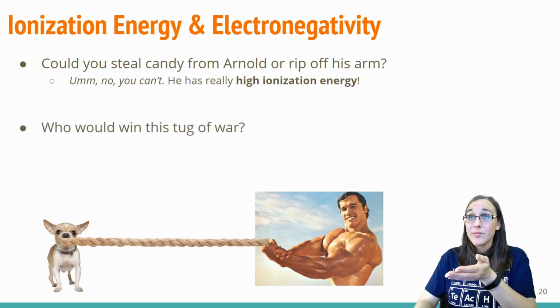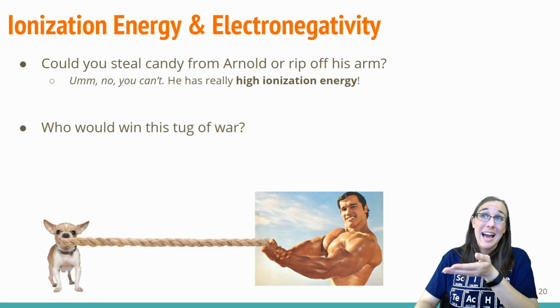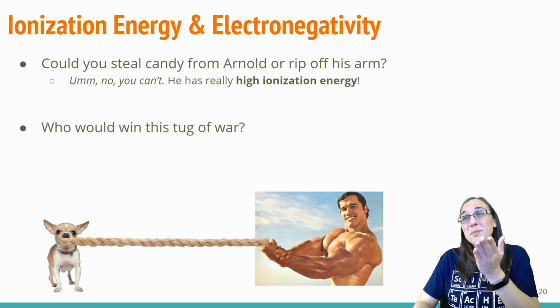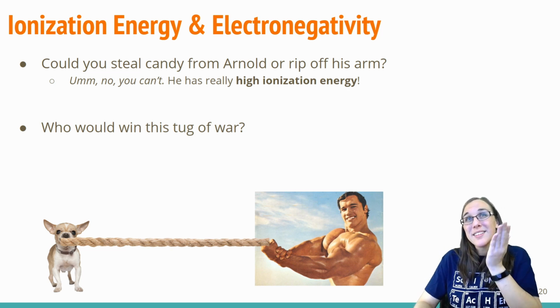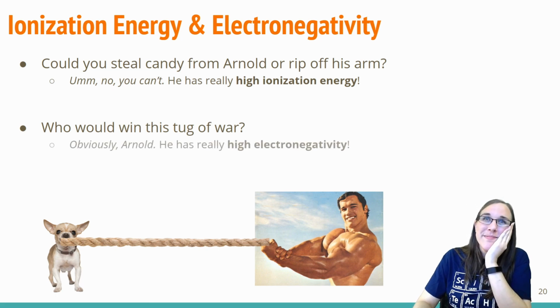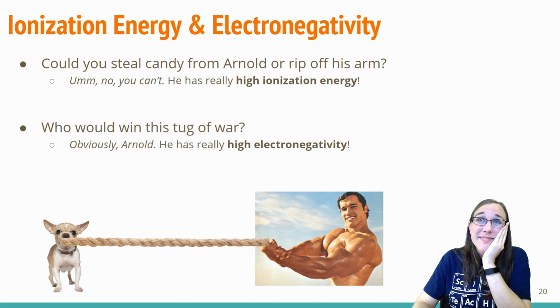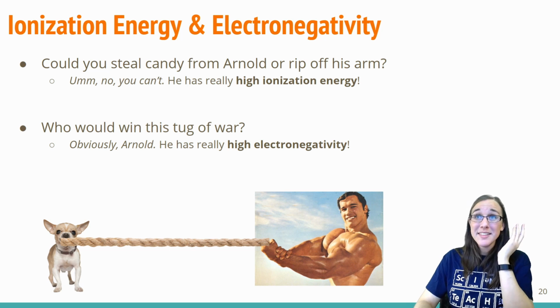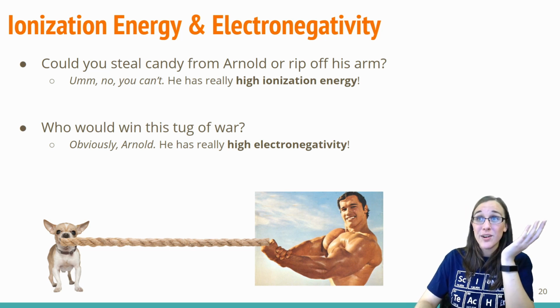So if we see someone that has really high ionization energy and we stick him with someone like a chihuahua, and we're going to place bets on who's going to win this tug of war. Who do you think would win the tug of war? Obviously Arnold. He has really high electronegativity, meaning in this case, the chihuahua would be like an electron from a different atom.